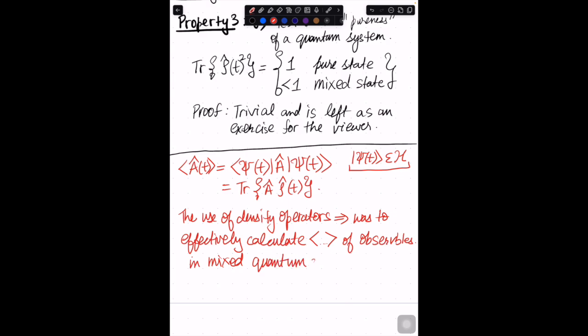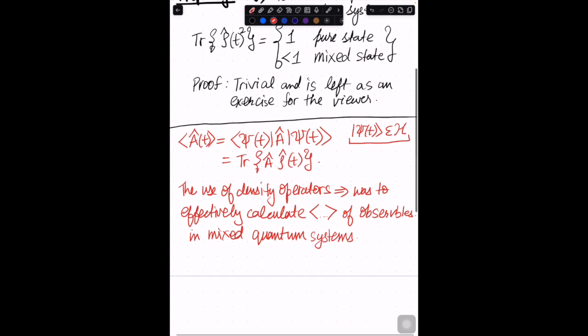So a mixed quantum system is also known as a statistical ensemble.